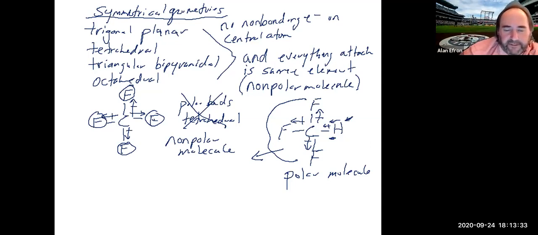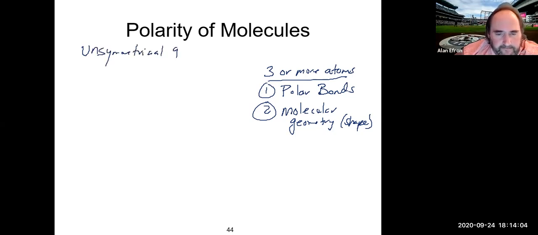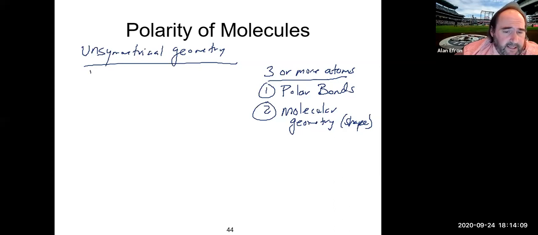So those are our symmetrical geometries. Our unsymmetrical geometries are pretty much everybody with dots. If you draw your Lewis structures, you've got all those guys with dots. So your unsymmetrical geometries are something like trigonal pyramid.